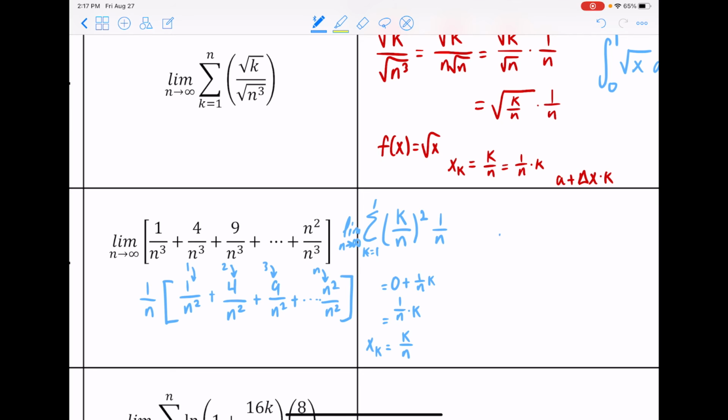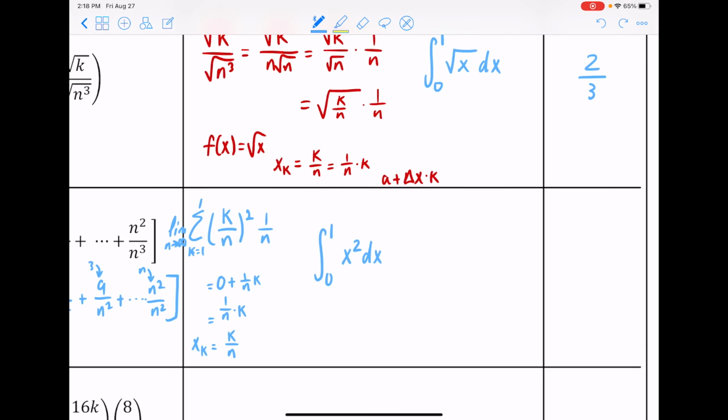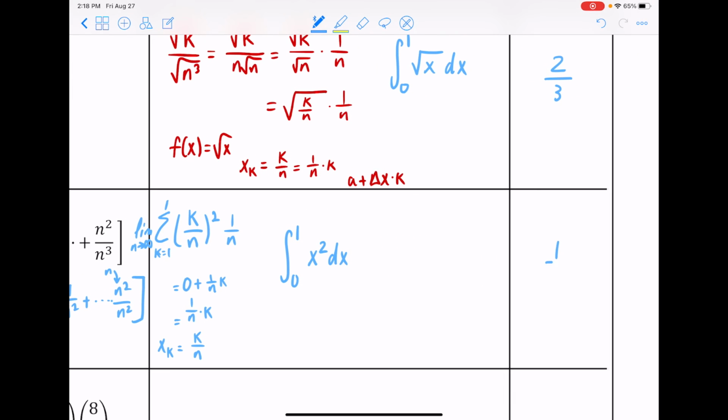So our starting value for our integration is 0 right there. The width of our interval is going to be 1, so we're going to go from 0 to 1. And it looks like all we're doing is x squared for that function. See how x sub k, k over n, is being squared there. So our function is just going to be x squared. Don't forget the dx there. And then your exact value here, I would show you how to do it on the calculator, but for the sake of time, I'm just going to tell you it's 1/3.